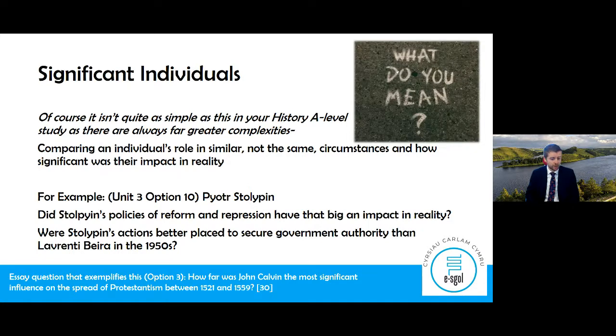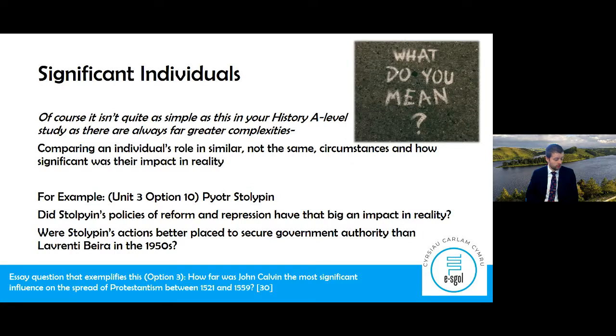Were Stolypin's actions better placed to secure government authority than people like Lavrenti Beria later in the 1950s? So by asking these sorts of questions and focusing on their significance, we break this content down, we realise we don't need to know everything there is to possibly know about Peter Stolypin, for example.